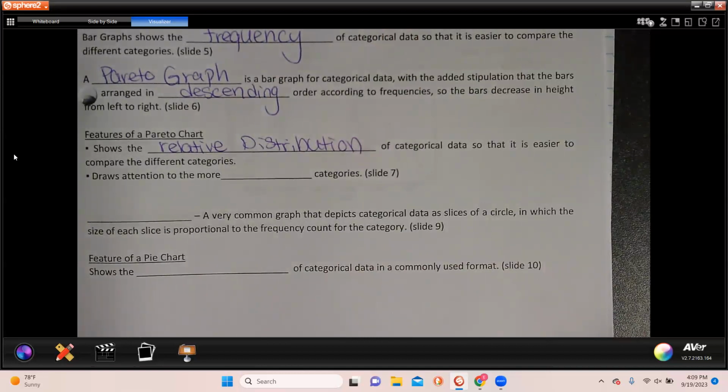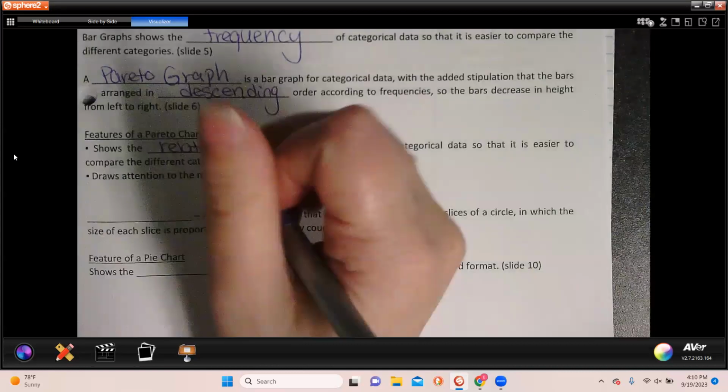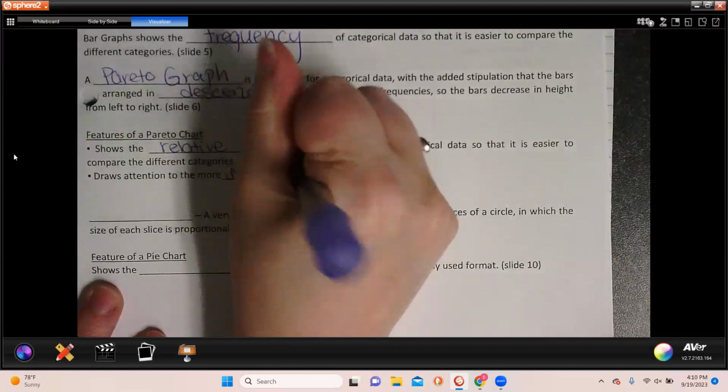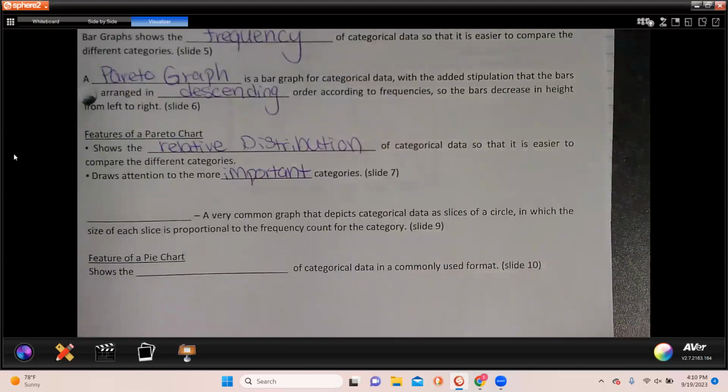Is it the highest? Is it the lowest? Is it in the middle? Does it match another bar? These are the things that I want to know about these bars. And it does show this pretty obviously because I'm supposed to arrange them. If you have two bars that are the same height, you can choose which one comes first. This also draws attention to the more important categories, right? Because the more important ones come first because they have the most frequencies.